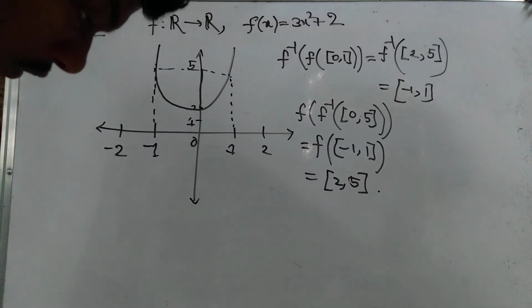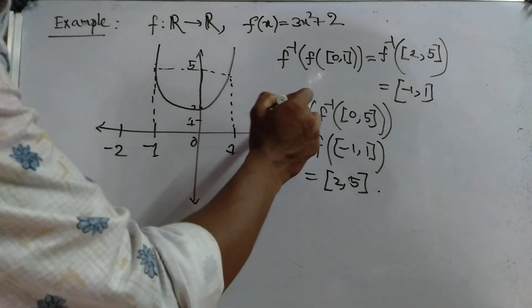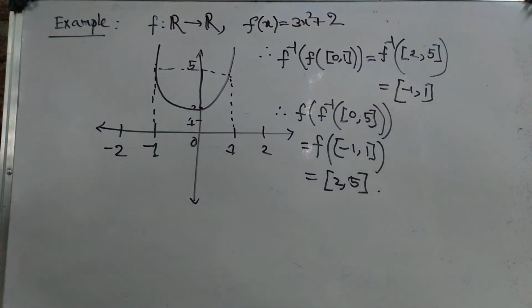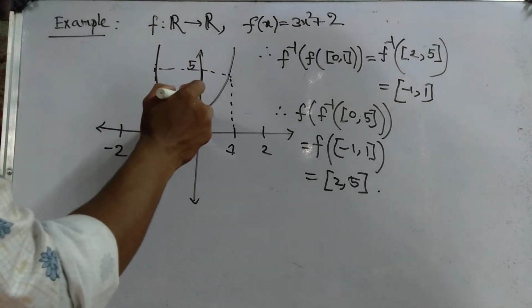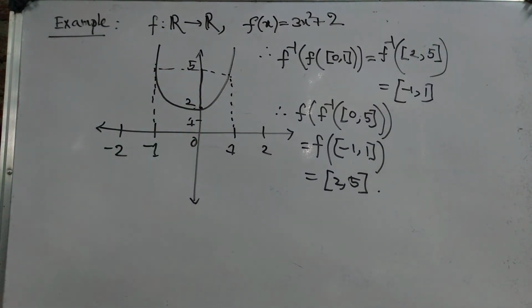Okay, so we understand this problem. f inverse of f of [0, 1] equals f inverse of [2, 5] equals [-1, 1], and f of f inverse of [0, 5] equals f of [-1, 1], which is just [2, 5]. So today we stop now.